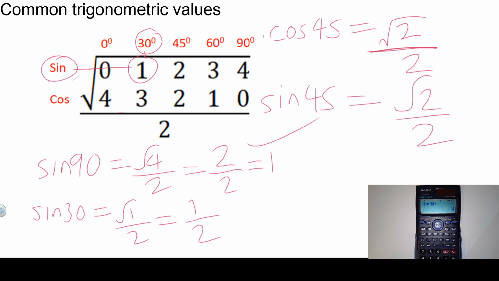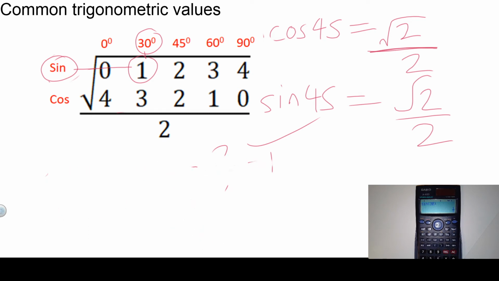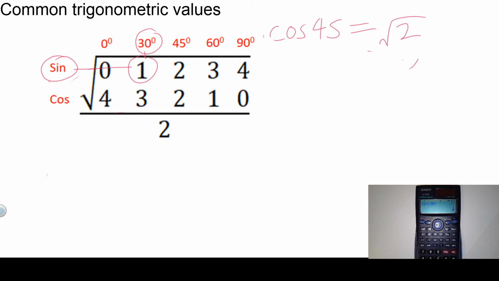Now at this moment, some of you are thinking, well, how do I do tan? Where does tan come into this? I'll just quickly show you then. There is an identity that links sine and cosine with tan.